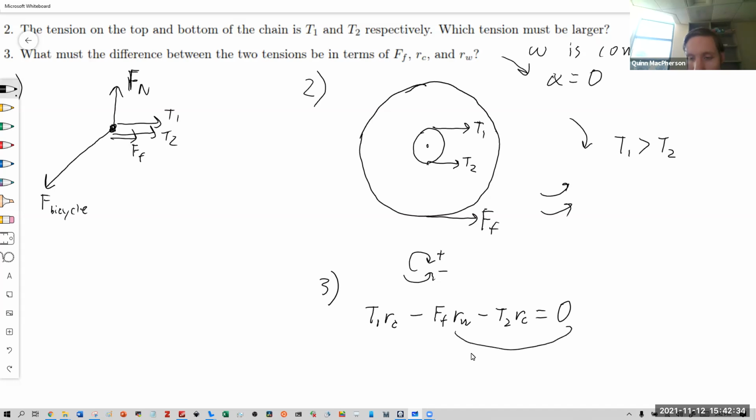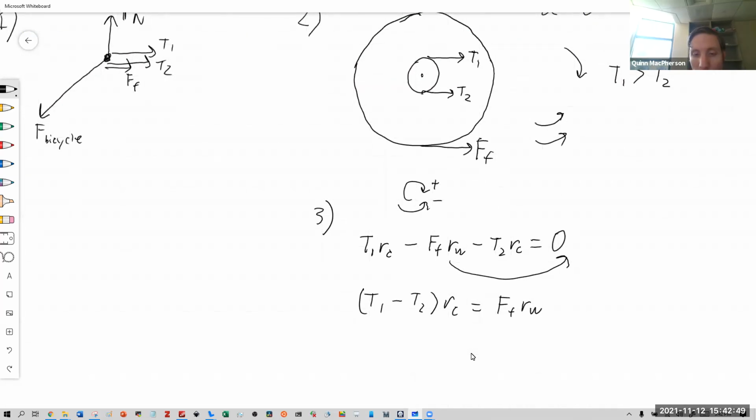So I'm going to move this term to the other side, and I'm going to get T1 minus T2 quantity times RC is equal to force friction times R wheel. Solving for T1 minus T2, T1 minus T2 is equal to force of friction RW over R cassette. Okay, and that is the answer.